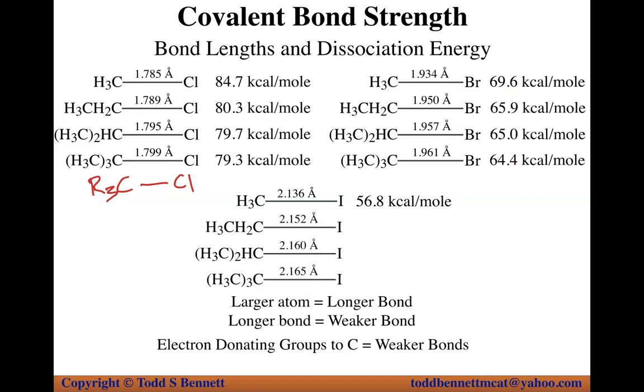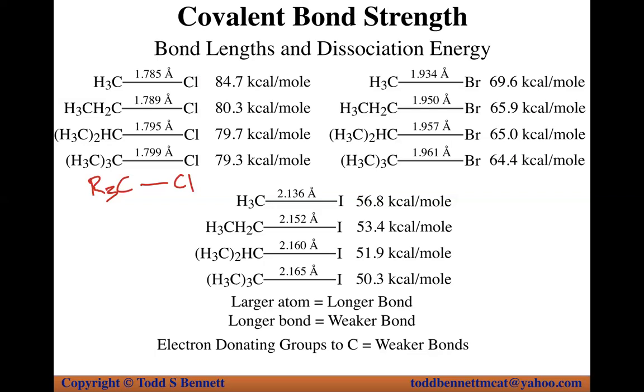And then finally, we see this same effect with iodine. So we see it with the chlorine, and from 0, 1, 2, and 3 extra methyls. We see it in the bromine, we see it in the iodine. And we still see that the iodine bonds are longer than bromines, bromines are longer than chlorines, and chlorine atoms make a stronger bond because they're shorter, bromines in the middle, iodine's large.